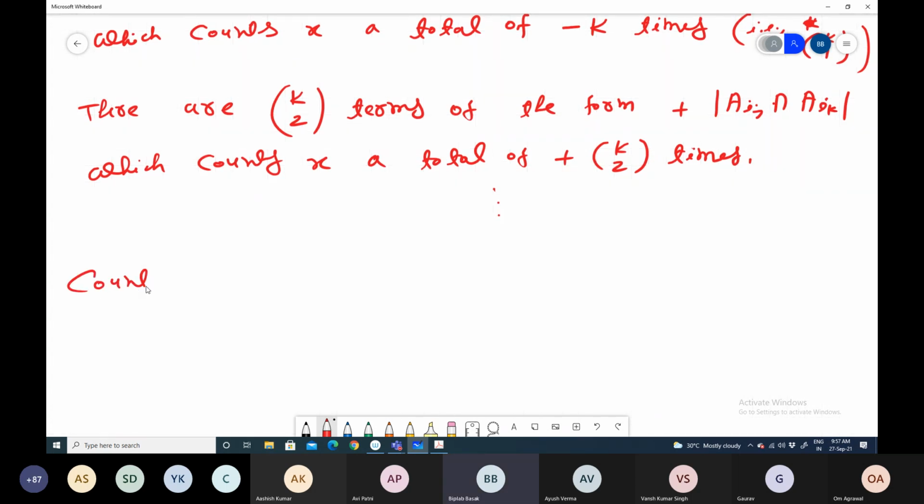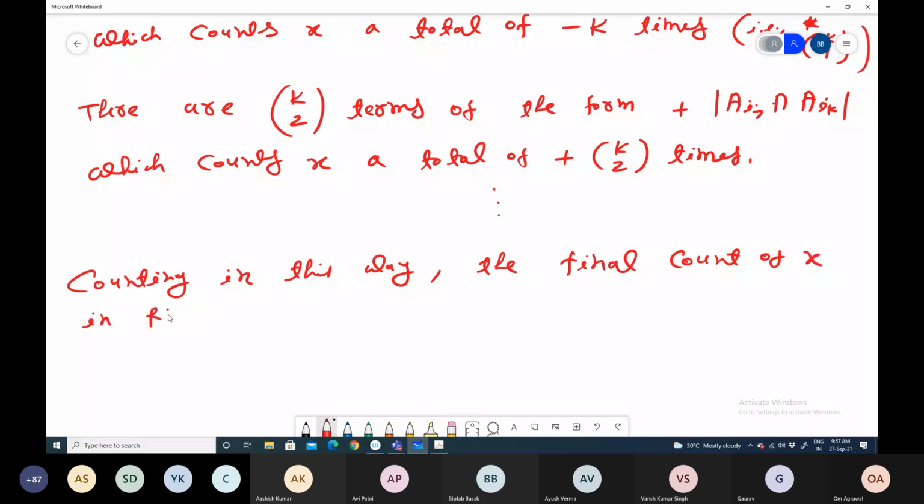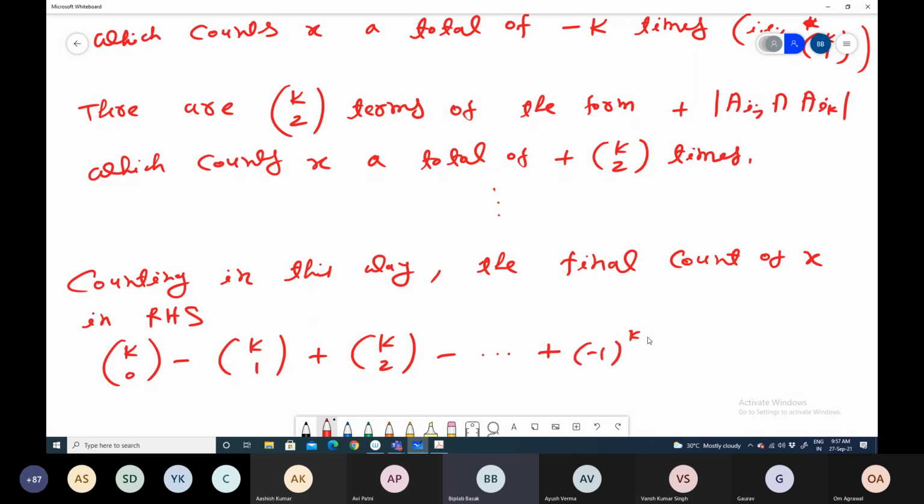So we can write that counting in this way, the final count of X in the right hand side, that is k choose 0 minus k choose 1 plus k choose 2 minus, in this way, minus 1 power k, k choose k, and we have seen that that is 0.